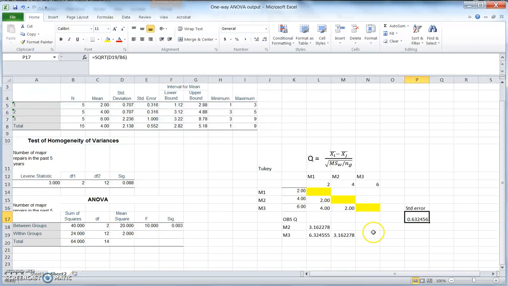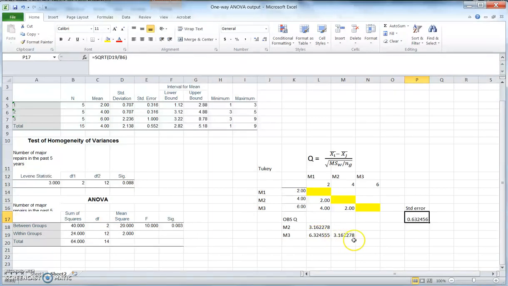And that's the 3 Q observed values. Remember, we have 3 Q observed values because we are doing 3 pairwise comparisons. So we're running 3 tests simultaneously by creating this Tukey table.